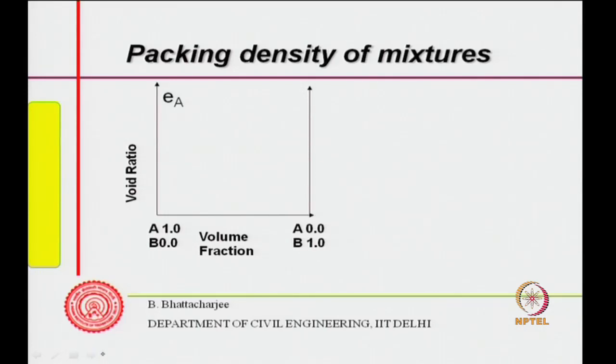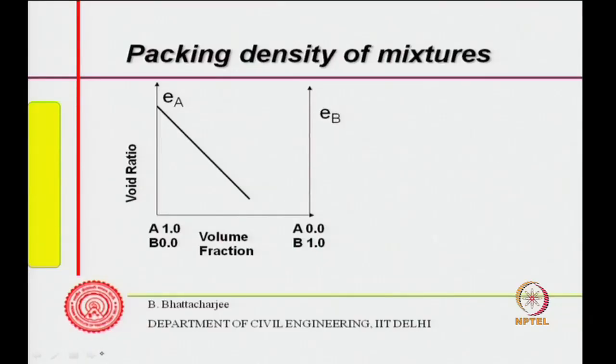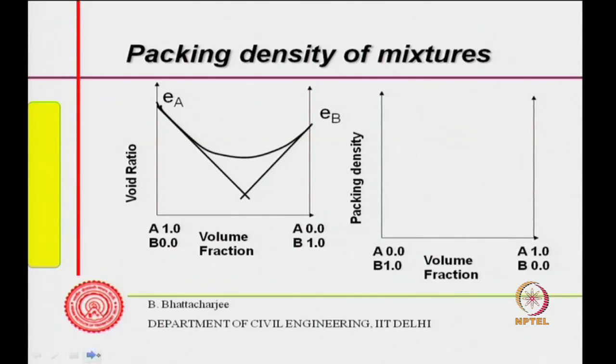You remember the void ratios, we said that e_A is the void ratio of A and e_B is the void ratio of B, and when you mix them together, theoretically speaking, the void ratio would reduce as the volume fraction changes, and there is a minimum point. In the real situation the void ratio varies in this manner, but the minimum is more or less the same as corresponds to the straight lines that have been shown, and this is what we have discussed earlier also.